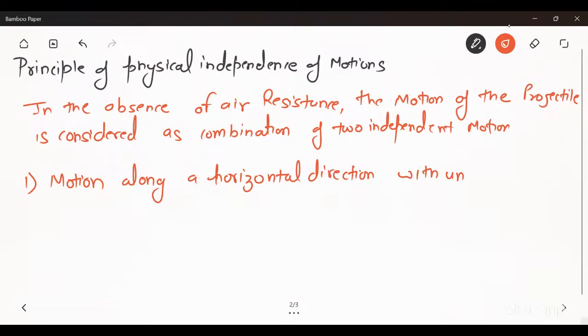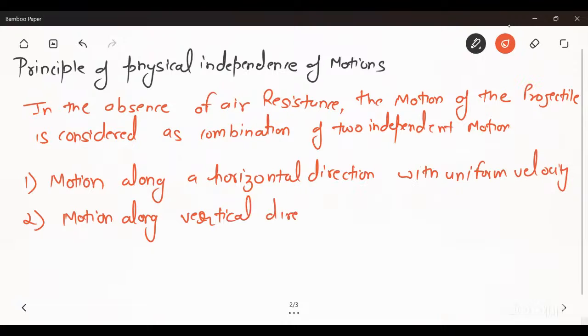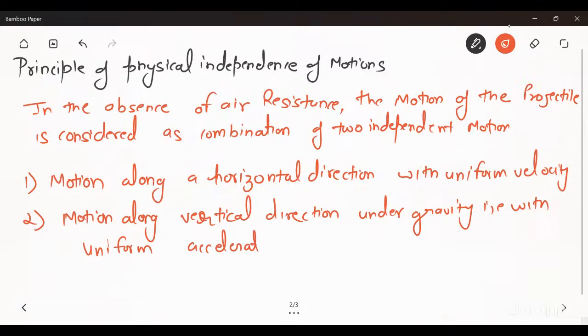And the second one is the motion along the vertical direction under gravity, that means with uniform acceleration g. Okay, understand?